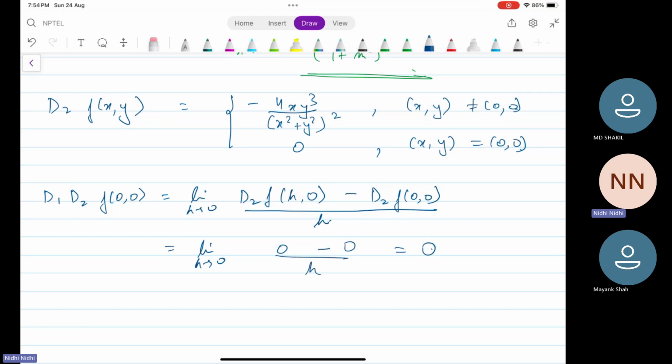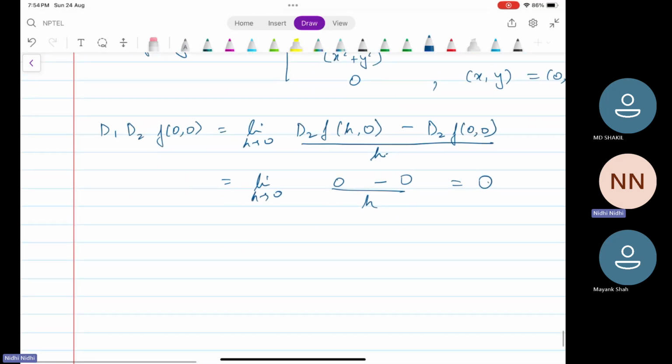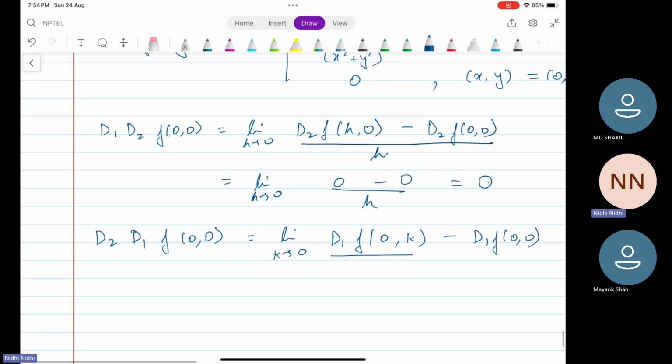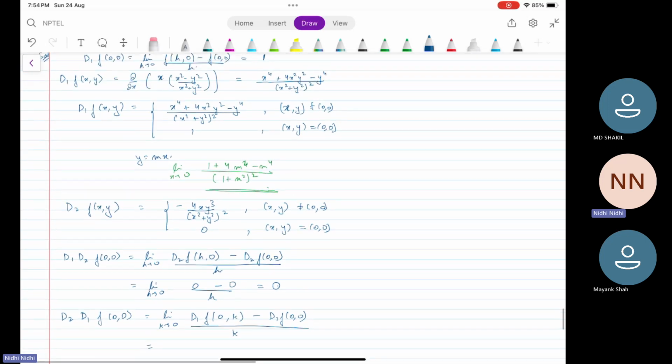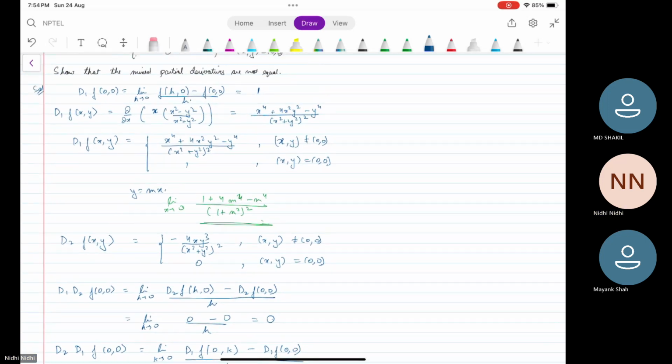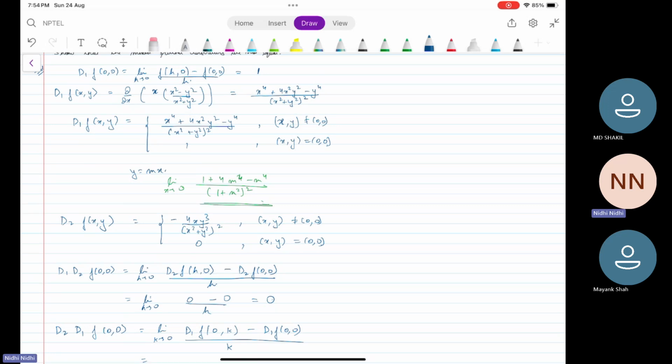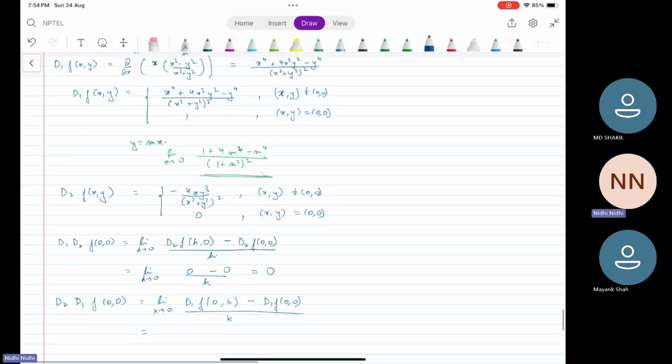So this is 0. But the D2 D1 of f at (0,0), this is limit k tending to 0 of (D1 f at (0,k) minus D1 f at (0,0)) by k. So from above, D1 f at (0,k) will be minus k to the power 4 by k to the power 4.